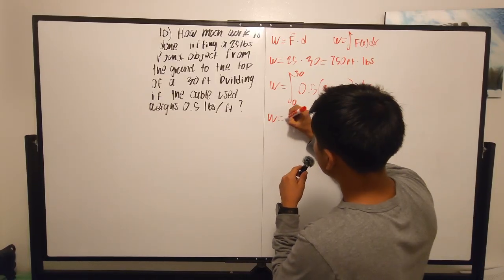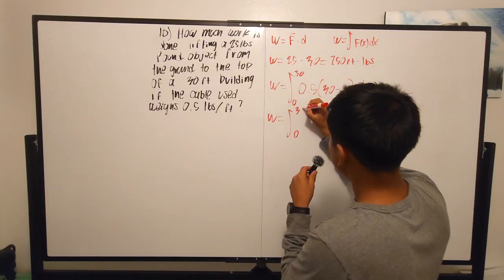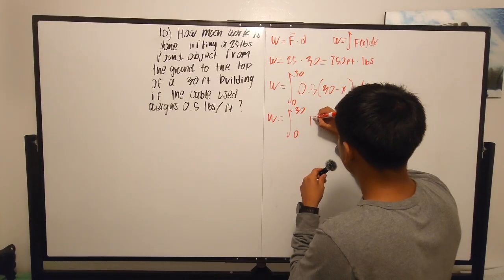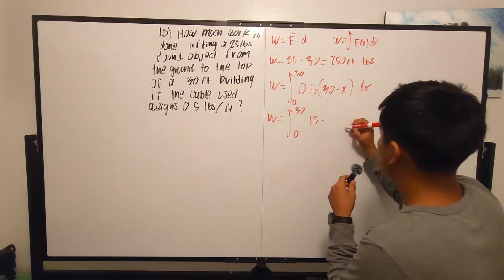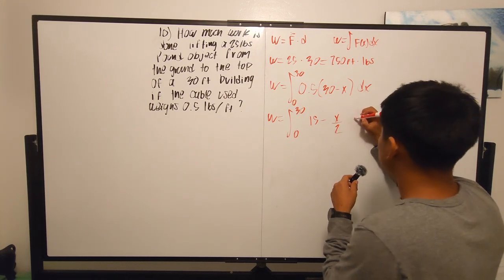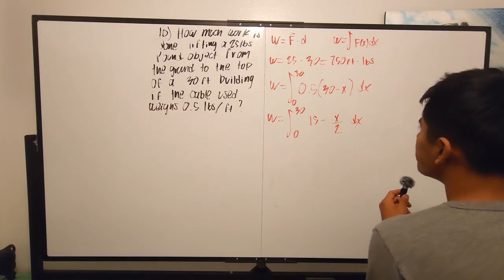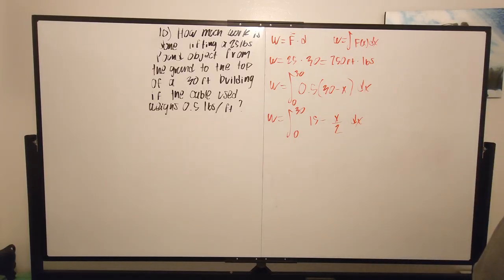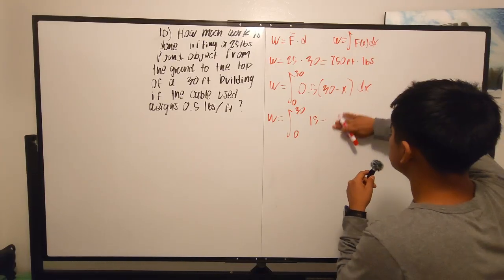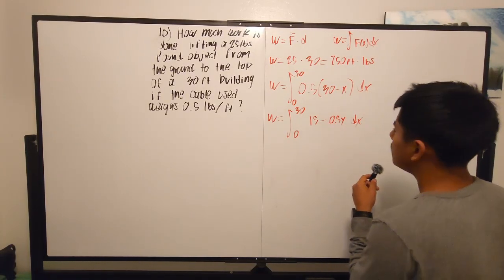So we have that the work is equal to the integral from 0 to 30 of 15 minus, we could do x over 2 dx. Actually, I don't like fractions, so I'll do 0.5x dx.